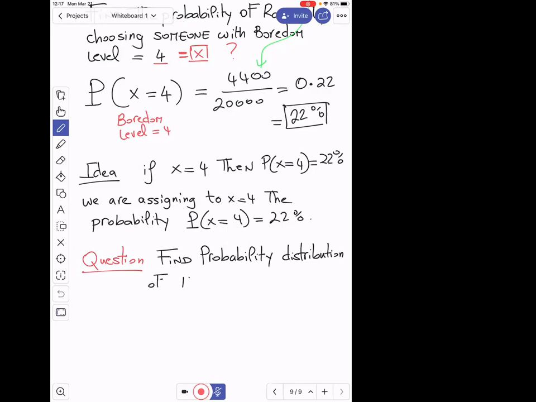What we need to do, guys, is find the probability for each x of the variable x.